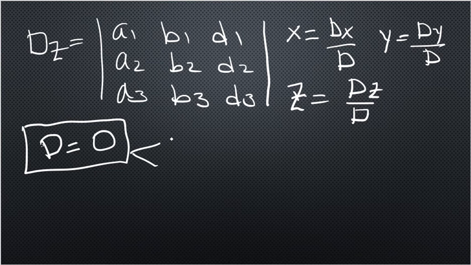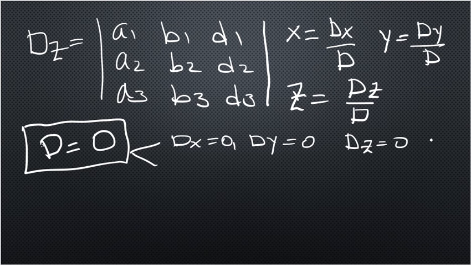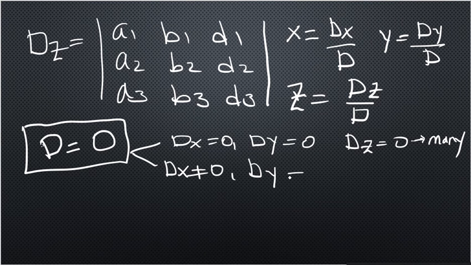The first case, if Dx is 0 and Dy is also 0 and Dz is also 0, it will have many solutions. But if D is 0 and Dx is different from 0 and Dy also different from 0 and Dz also different from 0, it has no solution. These are the two cases, and they depend on D.